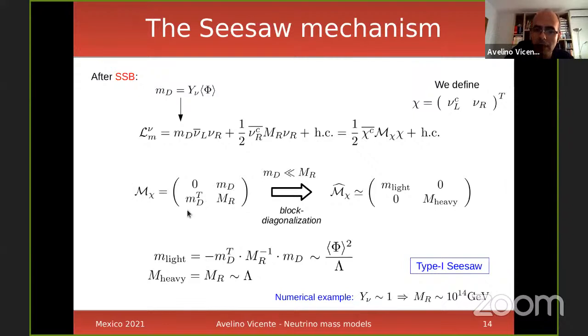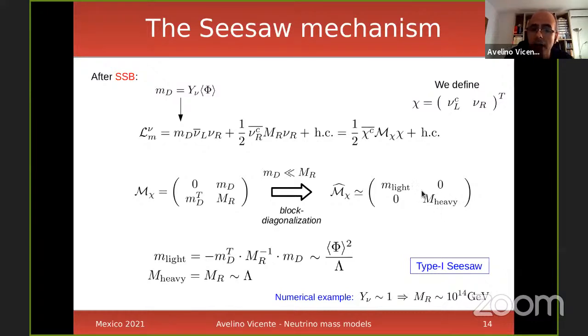So you have M_D, M_D transpose, and M_R. It's a symmetric matrix. Now, if M_D is much smaller than M_R, so if the Dirac mass term is much smaller than the Majorana mass term, then you can diagonalize this in blocks with two different blocks, one here and one here. This one corresponds to the light fermions, to the light neutrinos, and this one to the heavy neutrinos.